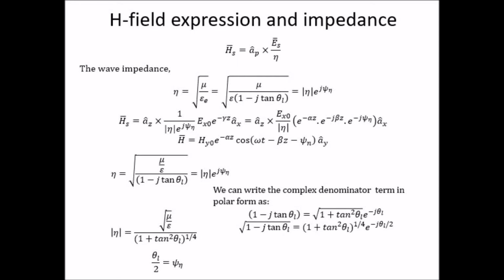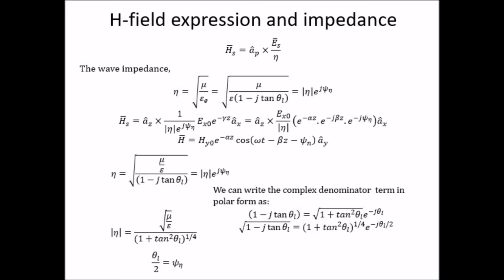And for a lossy dielectric medium, if the electric field is polarized in the x-axis, then the magnetic field will be in the y-axis, but there will be a phase angle between the electric field and magnetic field. The phase angle comes from the wave impedance. As the wave impedance is a complex number, it has a magnitude and an angle. The angle is psi_eta.